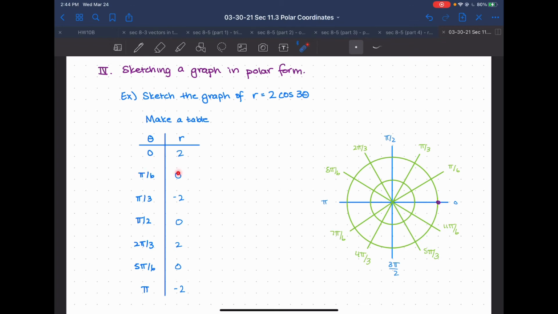Pi over 6, 0. We're on this ray, but the radius is 0. We're just back at the origin. That's not very interesting. All right. Pi over 3, -2. So we're on the ray pi over 3, but because of the -2, we're going backwards. So we wind up right here.